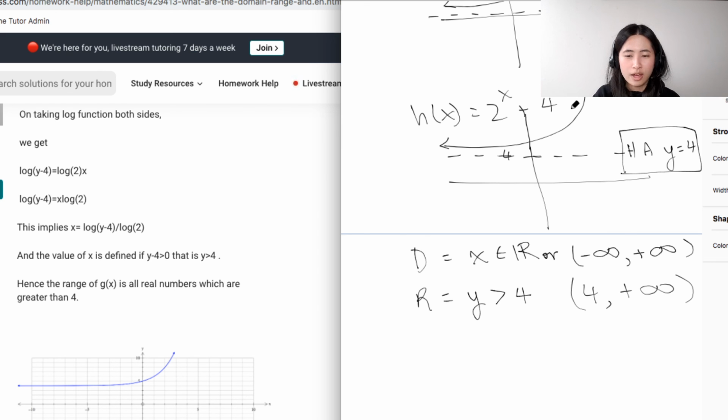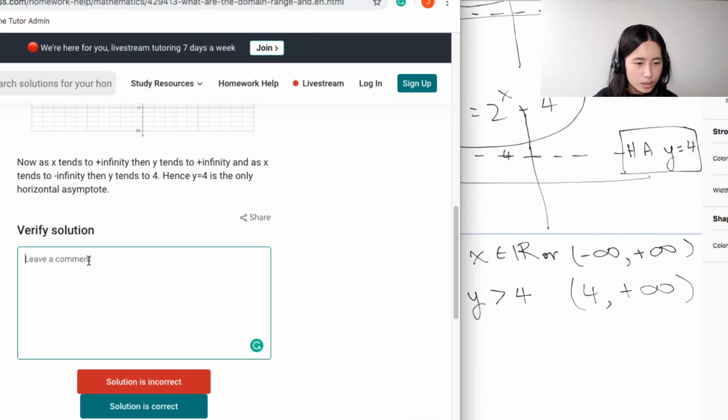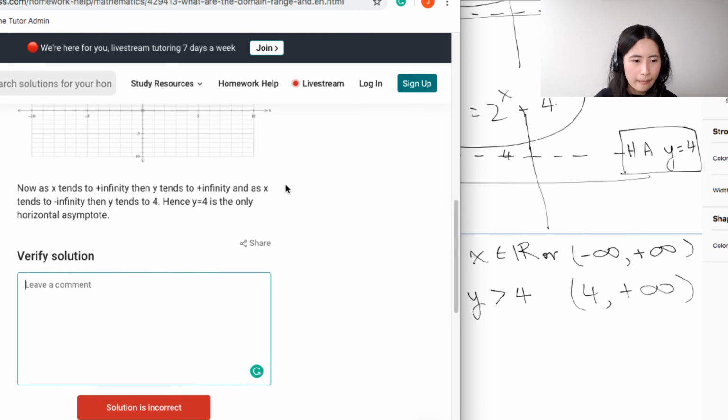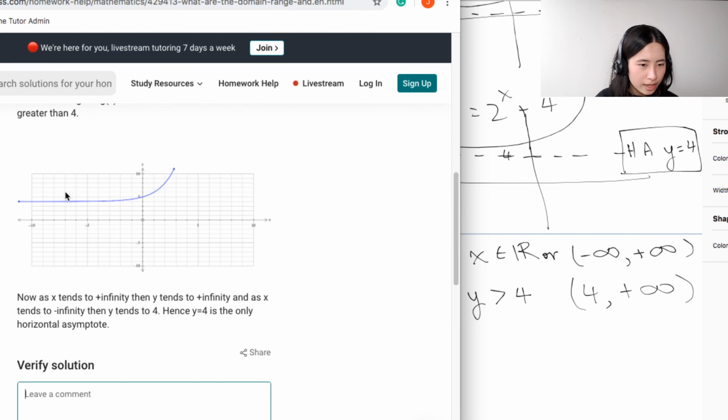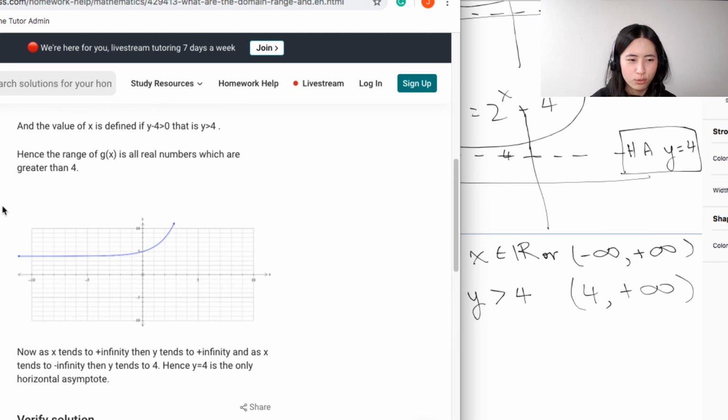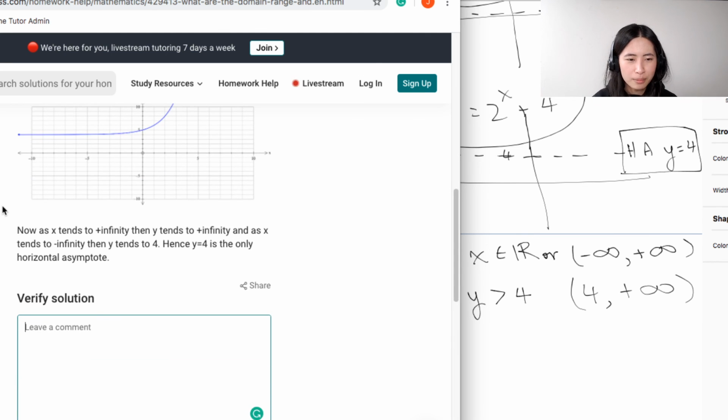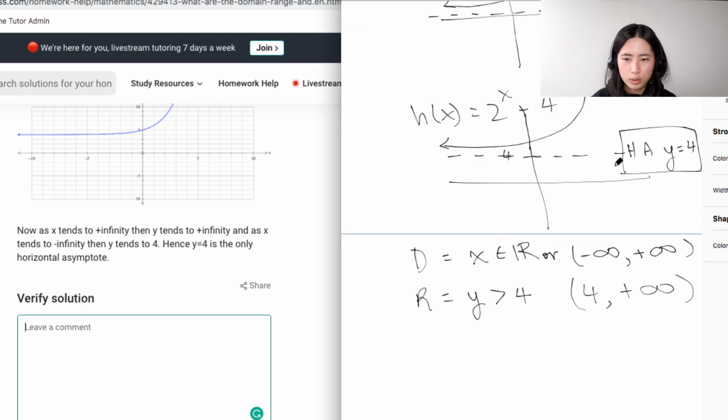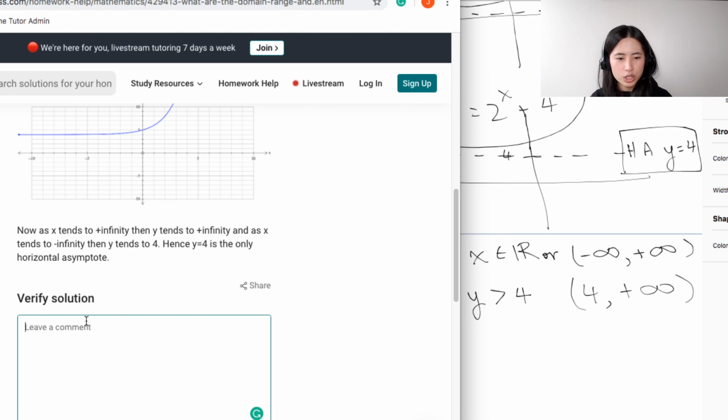Just focus on h of x, which is equal to 2 raised to the power of x, and that's it. Okay, great. But the way they've drawn their function is actually right. However, I wouldn't go to that length of looking for the log and plotting your graph. I would just focus on the parent function.